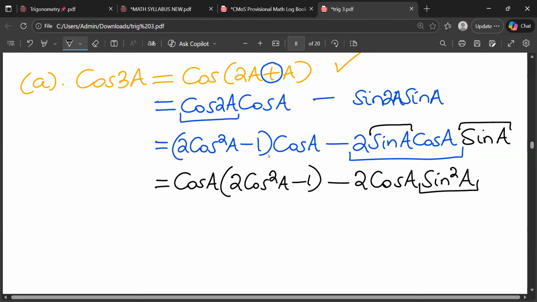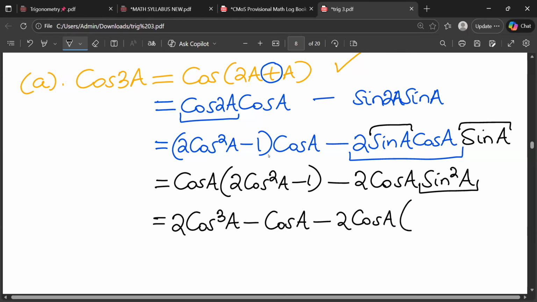You know, if people are aware that sine squared is the same as 1 minus cos squared. So when I come here, what will I have? I will have 2, this one is now cos cubed, then this one will be minus cos A, just that. This one will be 2 cos A, this one is 1 minus cos squared A.